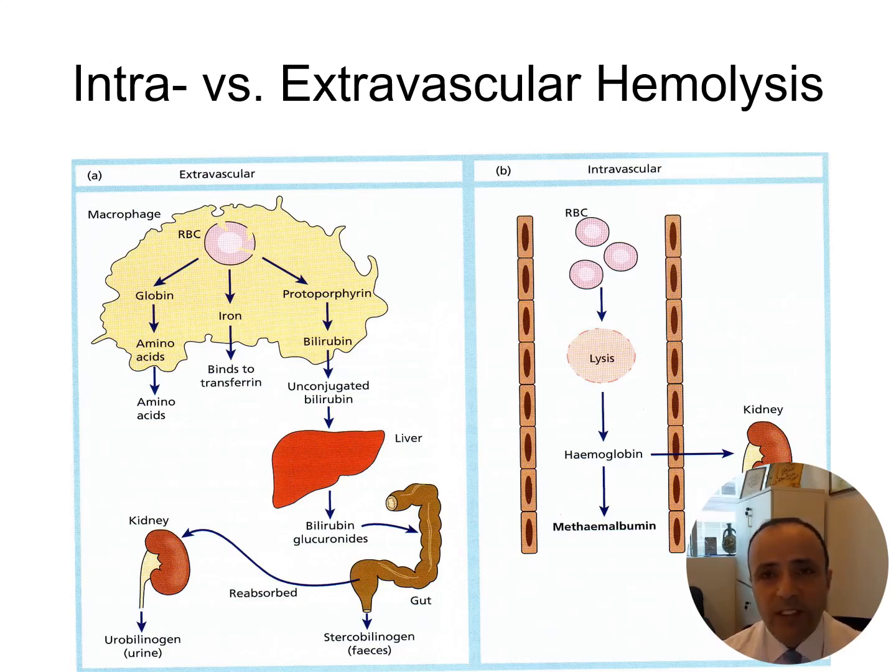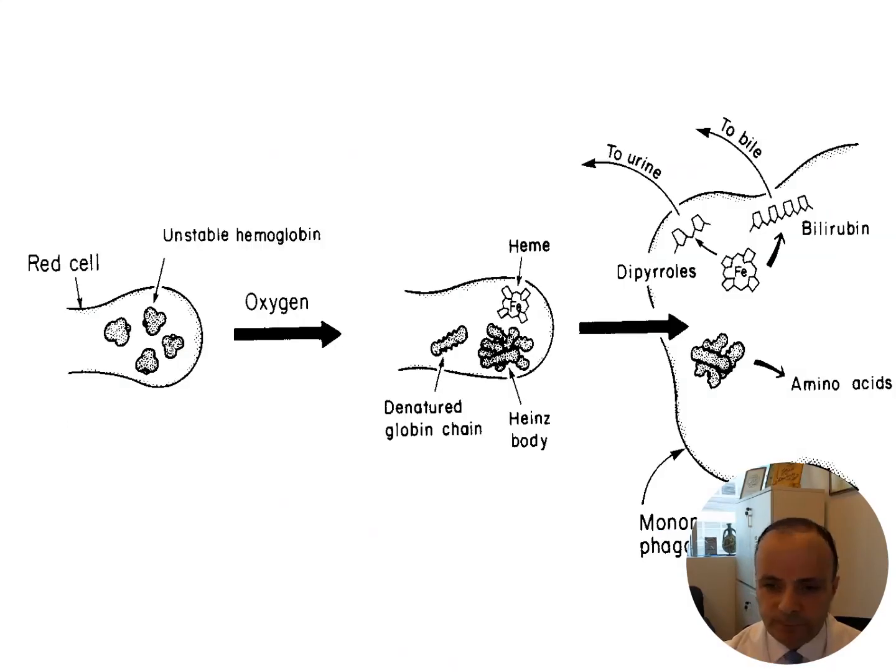So anytime you see intravascular hemolysis, there is always extravascular, but the system is overwhelmed, that's why you start seeing intravascular hemolysis. Again, an important differentiation point: when you lose hemoglobin in the urine, you're losing iron with that. So patients who have intravascular hemolysis can have iron deficiency, unlike extravascular where the iron gets reused.